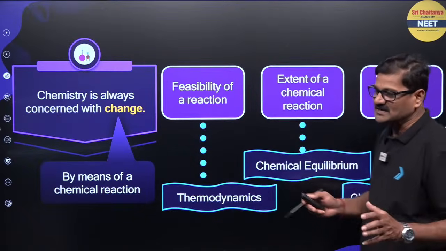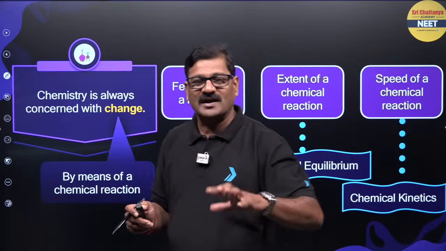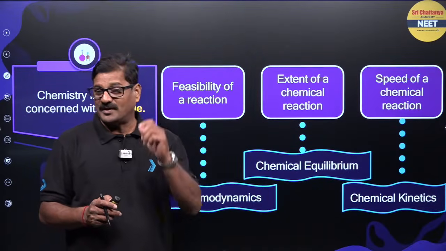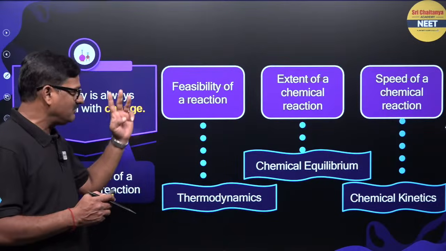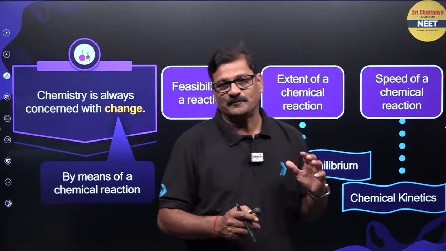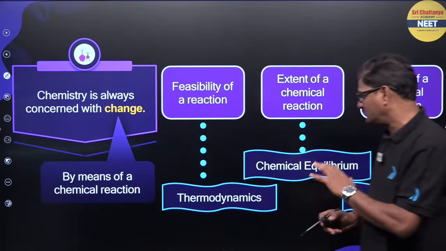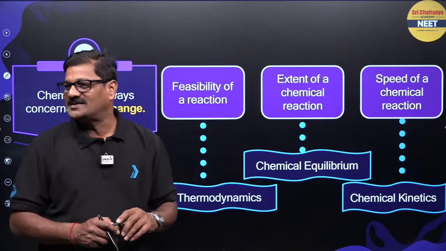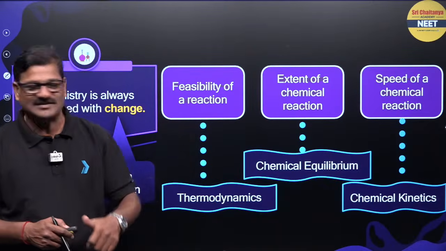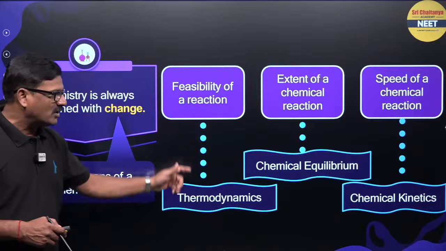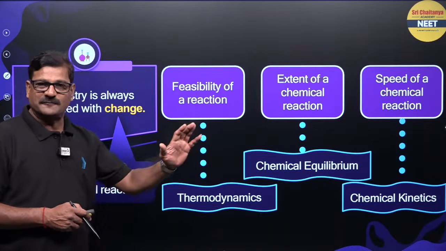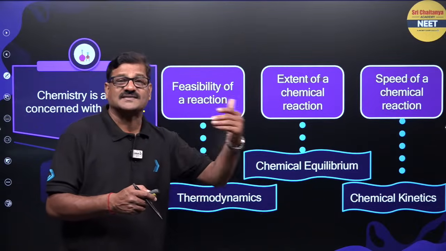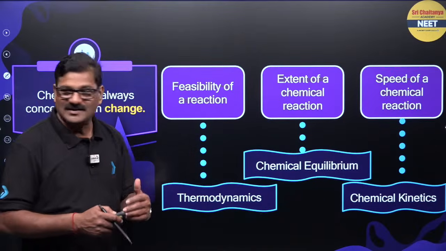So physical chemistry, where numericals come. People consider it physical chemistry, but physical chemistry has 3 major topics as its core: chemical equilibrium, thermodynamics and chemical kinetics. Thermodynamics basically talks about the feasibility of a reaction, children. Chemical equilibrium talks about the extent of reaction.